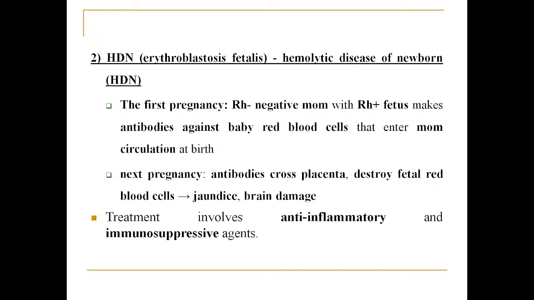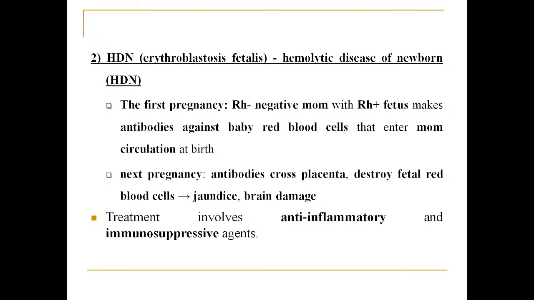So, in the first pregnancy, a rhesus negative mother with a rhesus positive fetus makes antibodies against baby red blood cells that enter mom's circulation at birth. In the first pregnancy, there are no clinical symptoms. It doesn't cause hemolytic disease of the newborn, doesn't cause any problems.